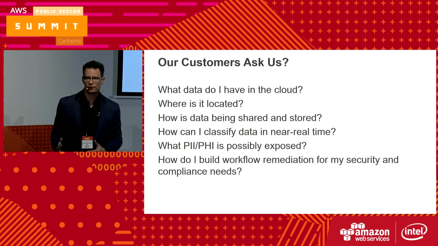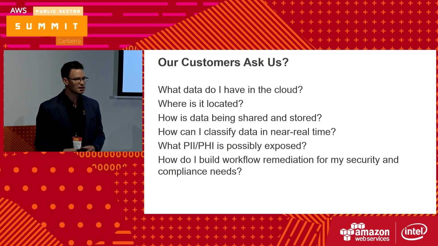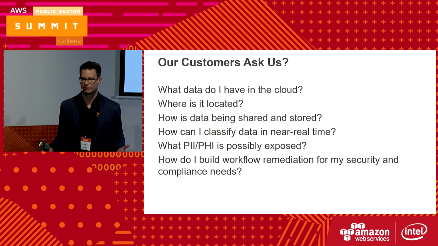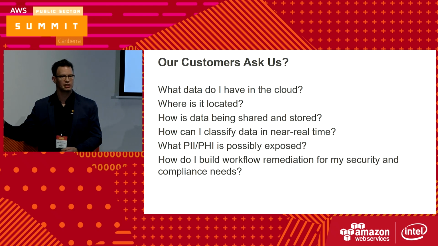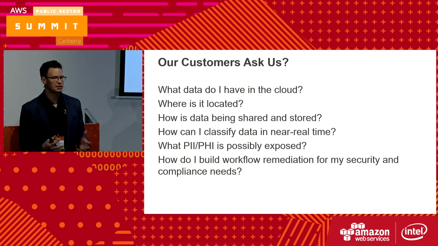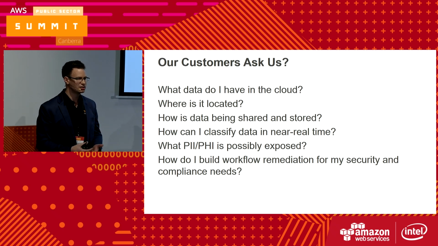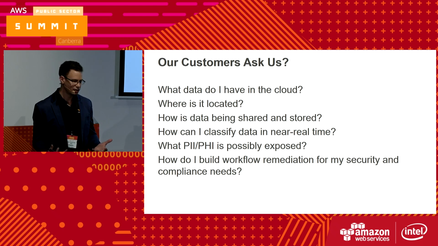But with the proliferation of data in the cloud, customers have been asking us, how are we going to manage all of this data? How do we know what we have stored in the cloud? How do we know where it fits into our organization, how it's classified? I'm sure many of you have struggled with the problem of data classification, especially as the data is growing.